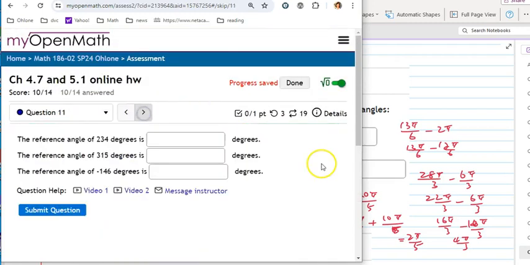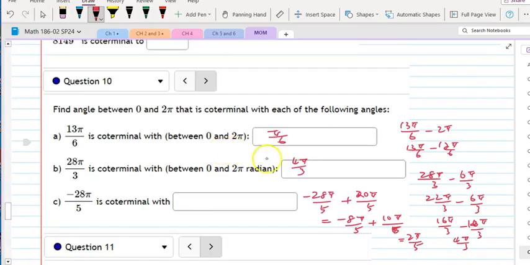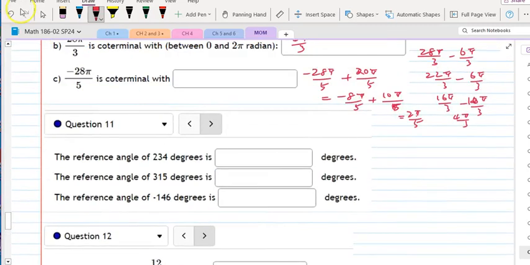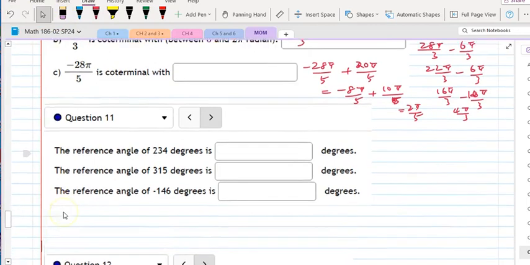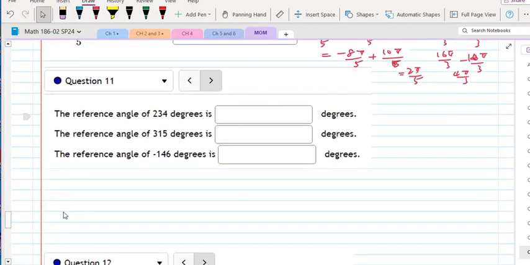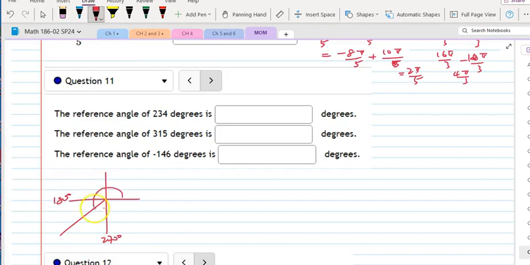Okay. Number 10, the reference angle. So to do this, you have to sketch it, and then see what angle it makes with the x-axis. So being able to sketch it is good. 234 degrees, what quadrant is it? This is 180 and this is 270. So 234 should be like here.